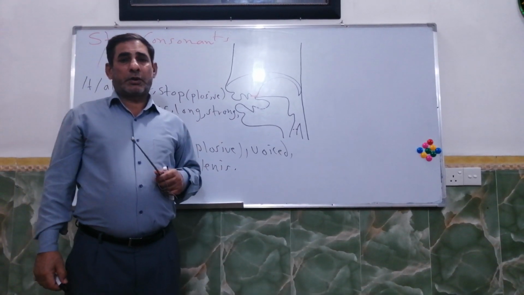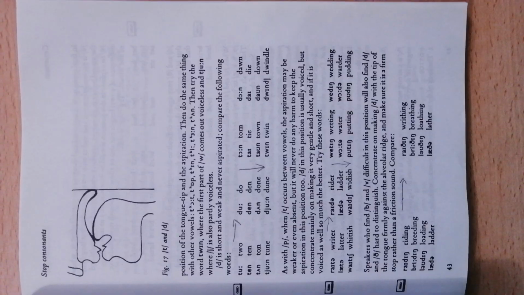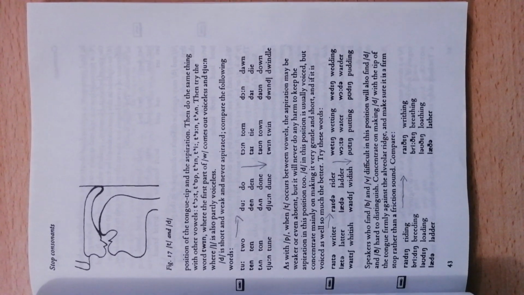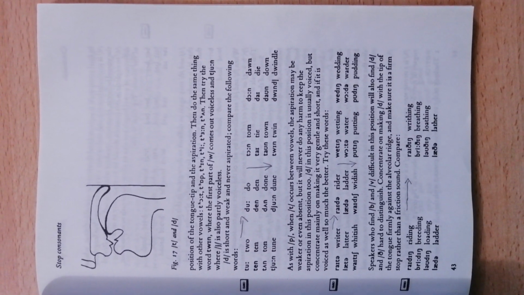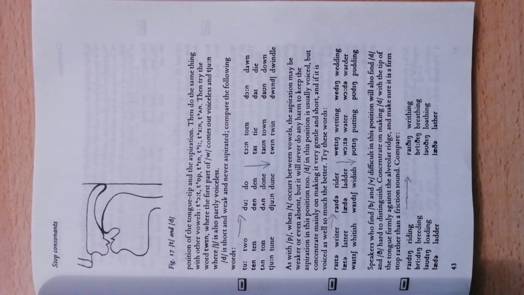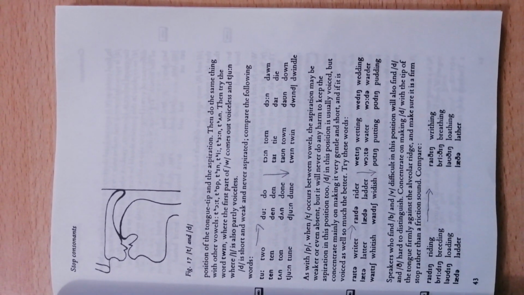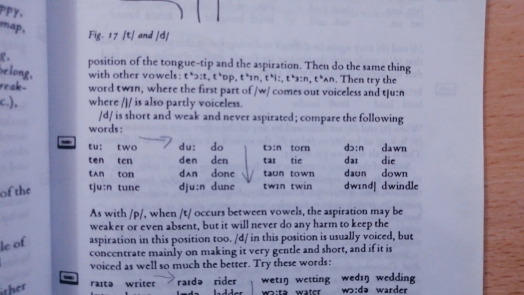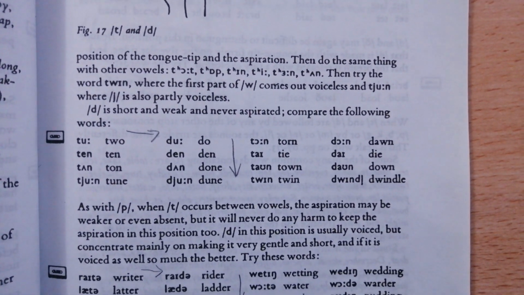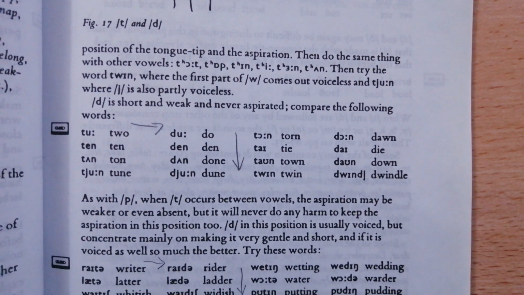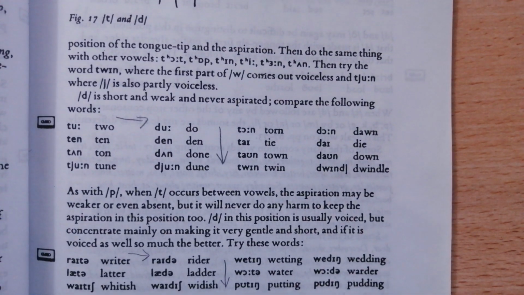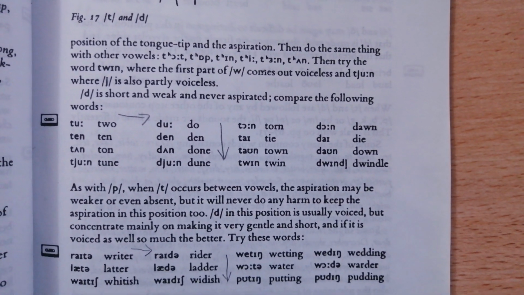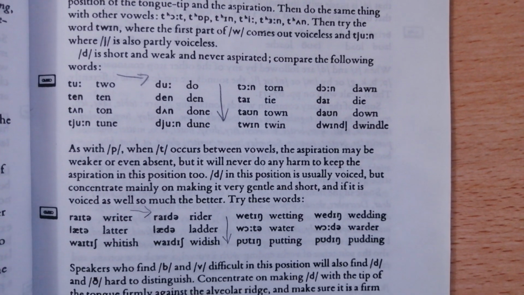Now go to your book, please. Now on page 43, I'm going to read the words for you. Middle of this page, please. To, do. Ten, den. Done, done. Tune, dune. Tone, dawn. Die, dye. Town, down.